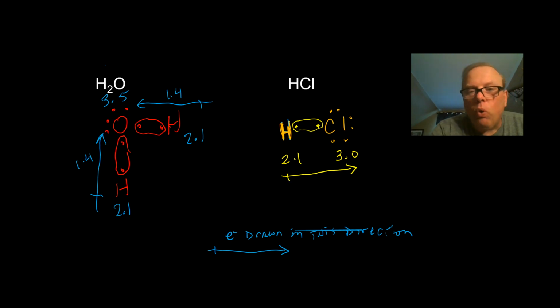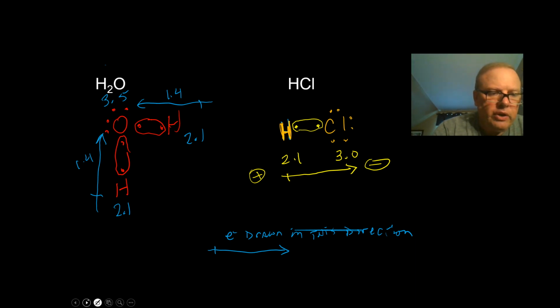In the pole of this molecule, chlorine is going to have a partial negative charge and hydrogen is going to have a partial positive charge. That's why I'm drawing these things on the back of the arrows to make it look like a positive. So both water and hydrochloric acid are polar.